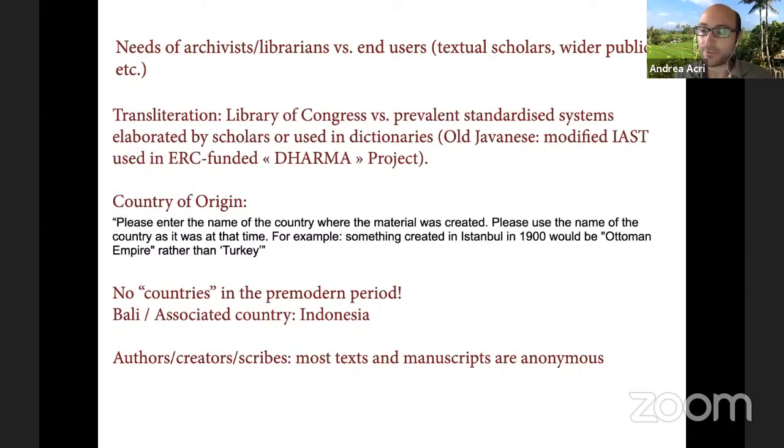So the main problem for me is the transliteration system, which ideally should conform to the internationally prevalent norms. Unfortunately, sometimes there is absolutely no attention paid to this, like in the Internet Archive. Other times, like the British Library, they adhere to the Library of Congress system, which does not have certain diacritics, for example.